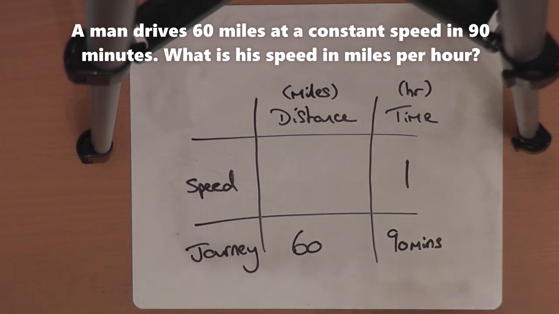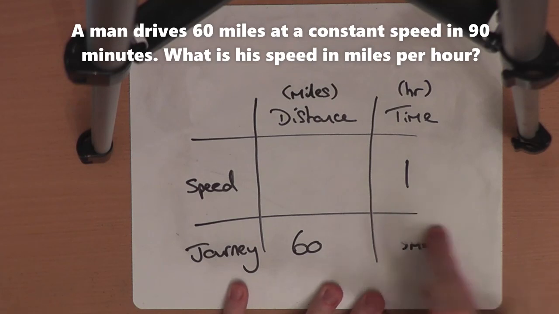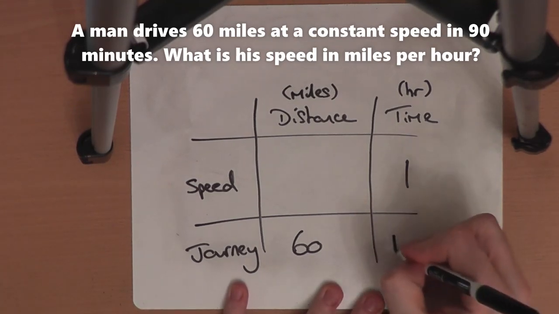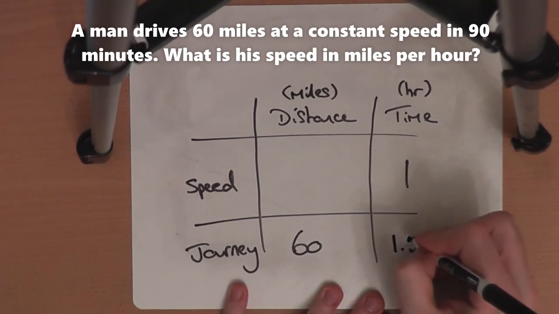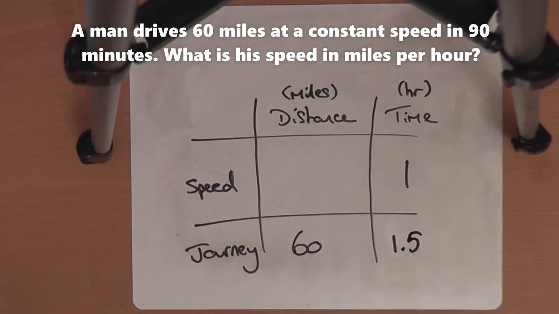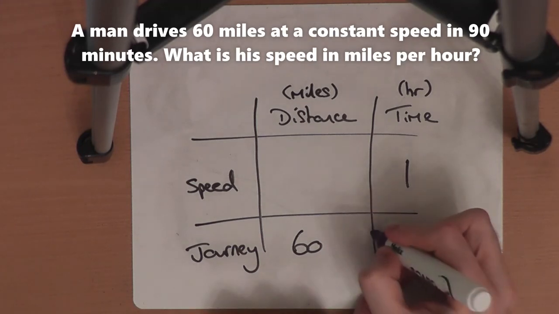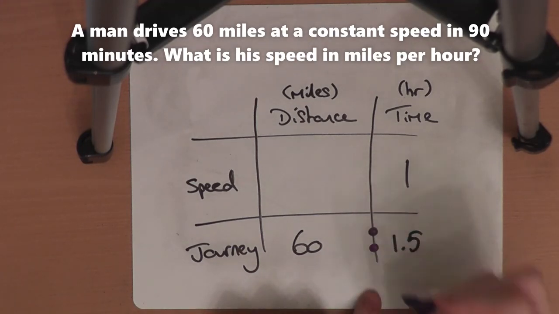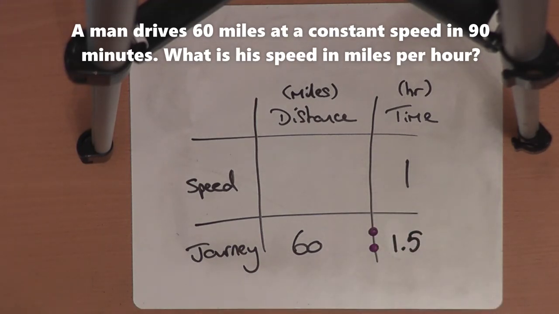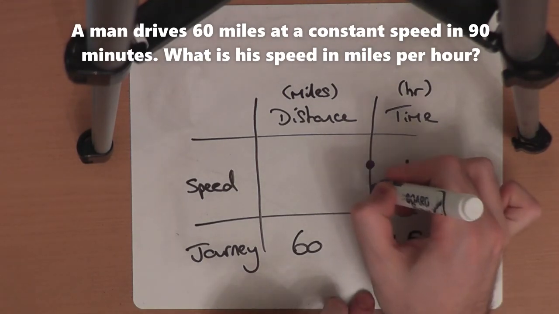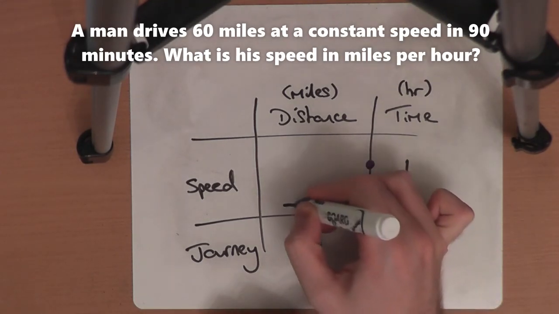So 90 minutes, instead of putting 90 minutes, we could instead say 1.5 hours. Keep everything in the same units. We can then set up our two ratios. So on the bottom, we've got a complete ratio of 60 to 1.5. On the top, we've got an incomplete ratio of something to 1.